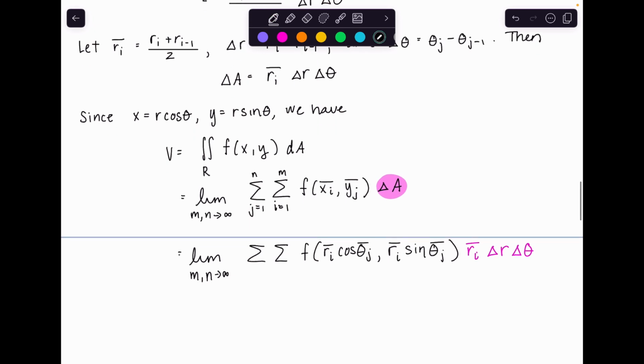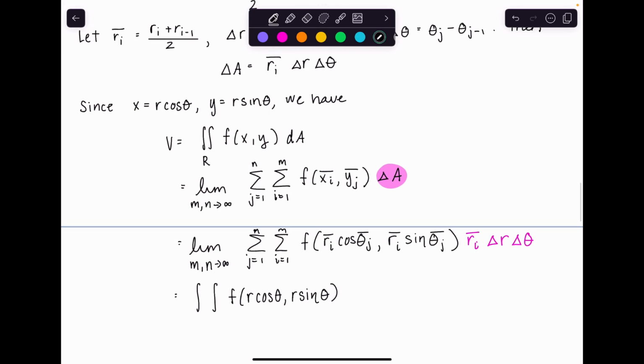So when you take this limit as both m and n go to infinity, it turns into a double integral. The f gets evaluated at r cosine theta, r sine theta. Okay.